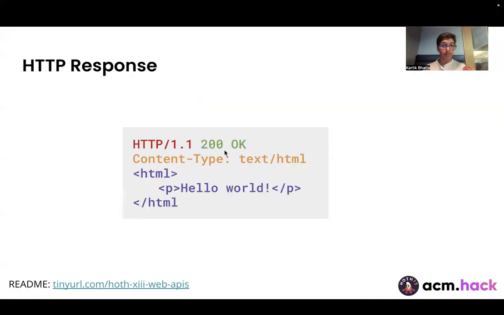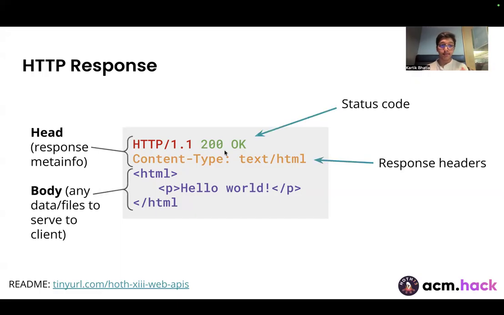Now that we know how the requests work, let's talk about when the server replies to you or sends its response back. So you'll see that the format is somewhat similar to our requests, wherein the head has HTTP, which is again the protocol. Now, something new here is the status code. A status code tells you whether your request was denied or accepted or was successful, basically.